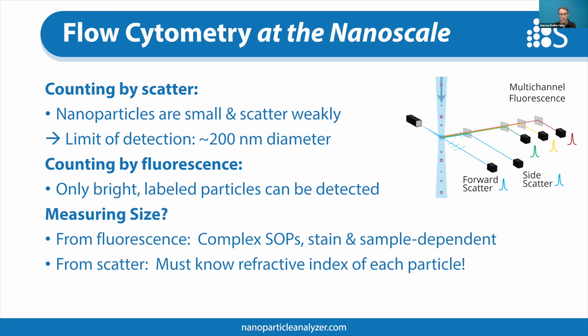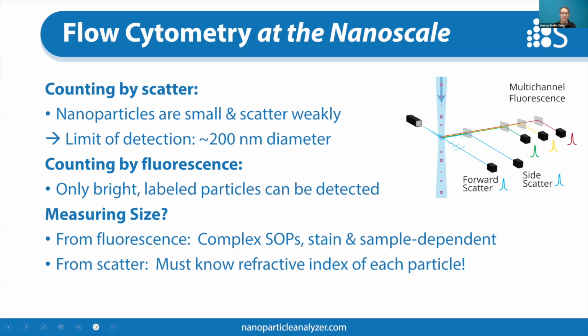And the most common way to measure size by flow cytometry is from the scattering signal. So you look at how much light got scattered by the particle, and then you infer the size from that. But in order to do this, and this is the critical point here, in order to do that accurately, you need to know the refractive index of every particle you're counting.